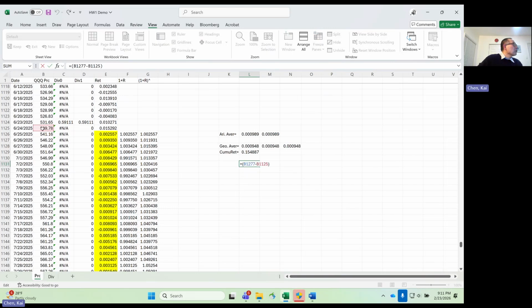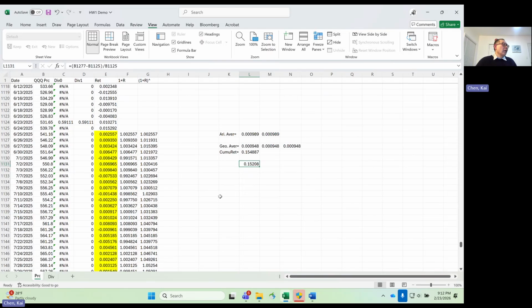That is the price on June 24th. Then divided by the beginning price, that is the close price on June 24th.